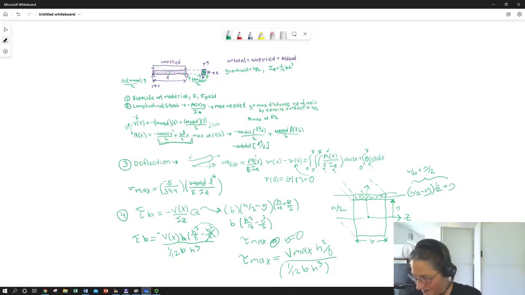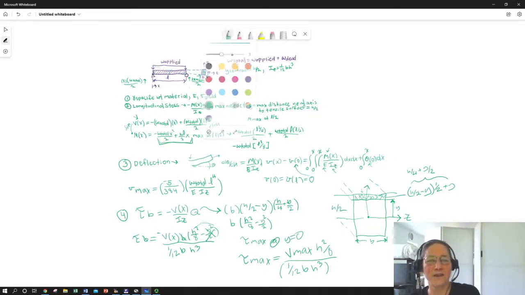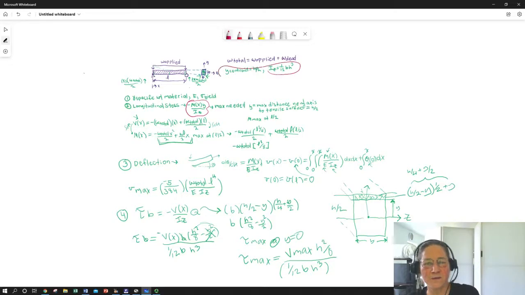I've kind of increased my writing size as I've gone along. I think that is all I am going to need. I'm going to do a quick red circles here. In terms of the things I need, I've defined my max moment. I've got an expression for my total distributed load.